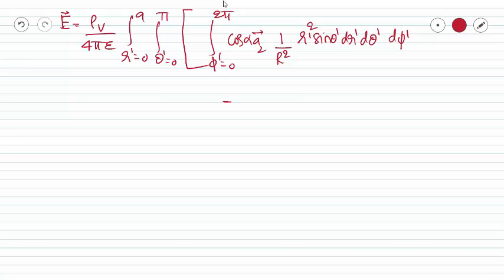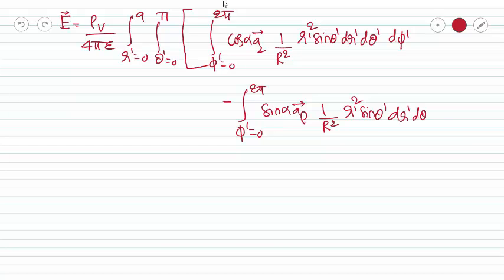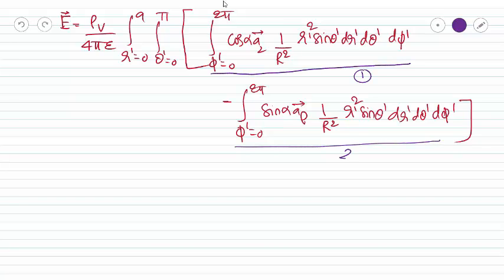And now the second integral, minus phi dash equal to 0 to 2 pi, sin alpha a rho bar, 1 by r square, r dash square sin theta dash dr dash d theta dash d phi dash. Let us denote these as the first integral and the second integral.